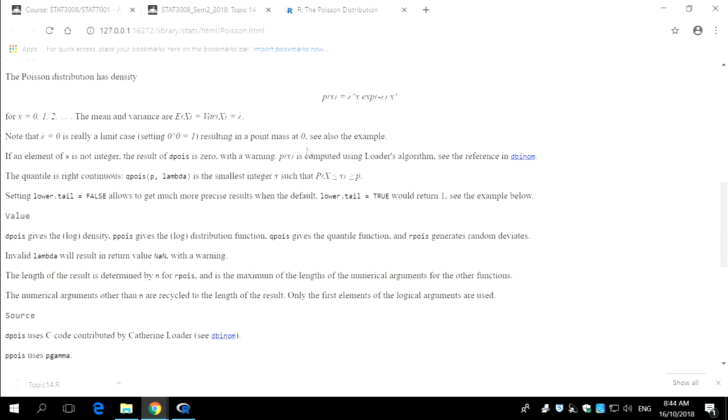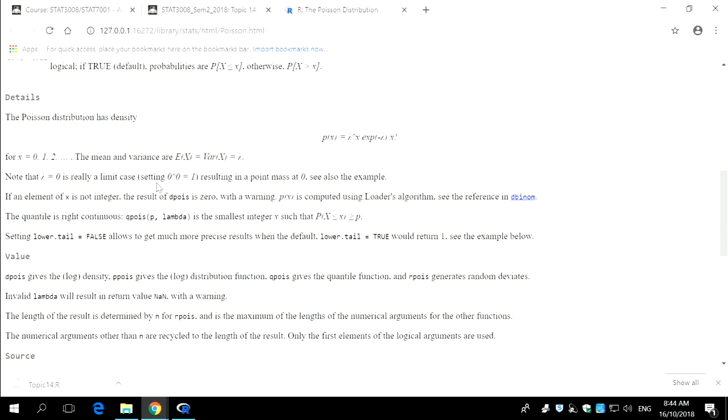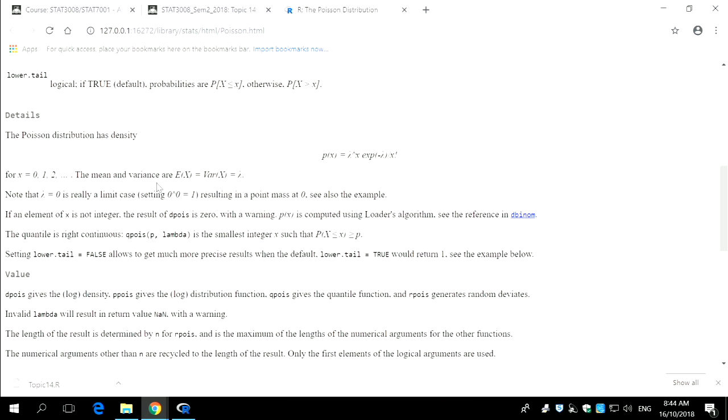Let's just look at the probability function. What does the probability function give?